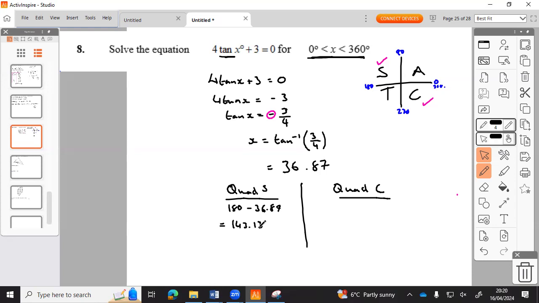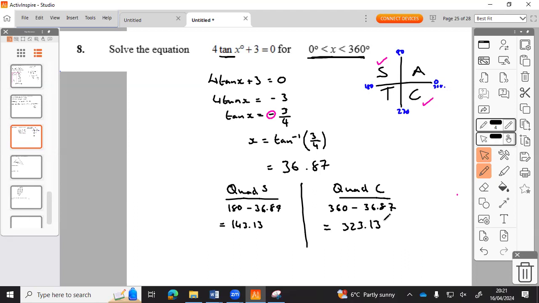In quadrant C, we're doing 360 minus 36.87. And that gives us our two answers.